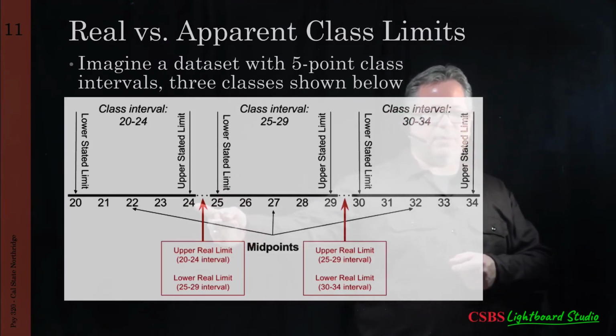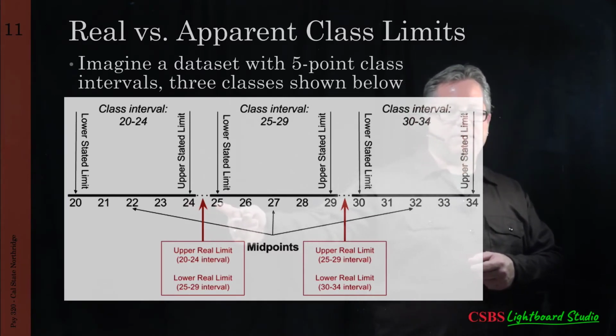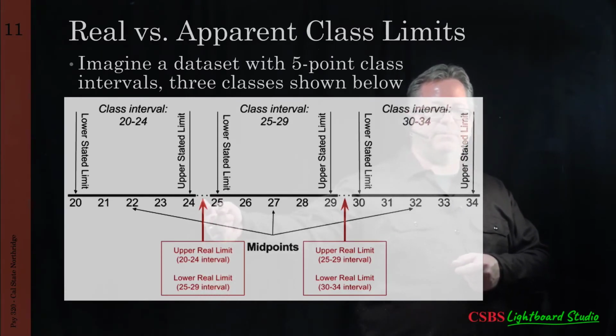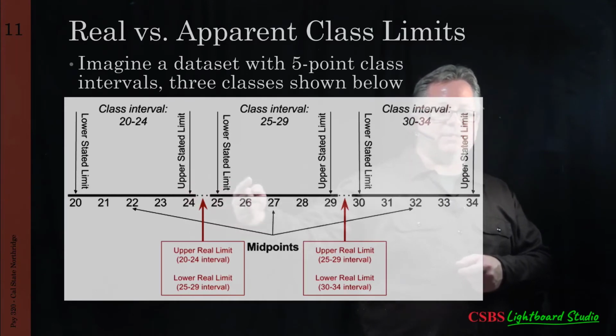So this is the upper stated limit of this class. This is the lower stated limit of this class. To separate people or scores into those two categories, the limit really falls in between the two classes. So this is the real limit between these two classes, somewhere halfway between.